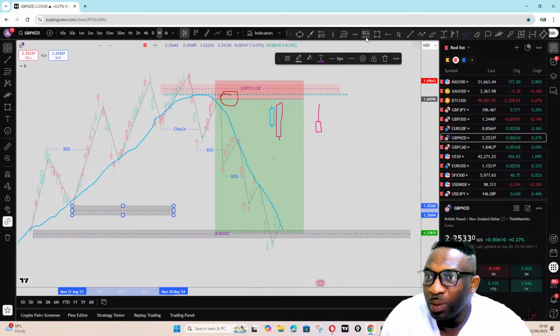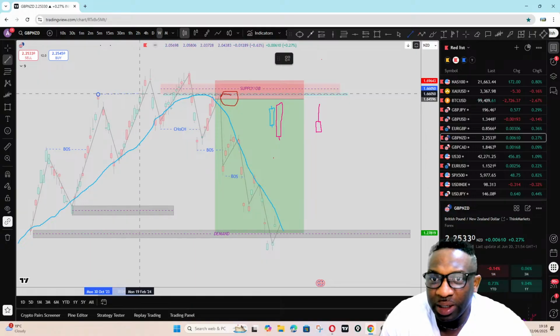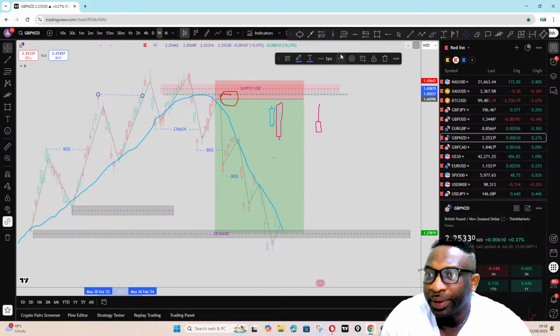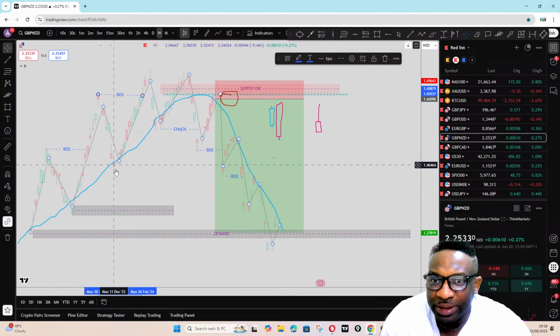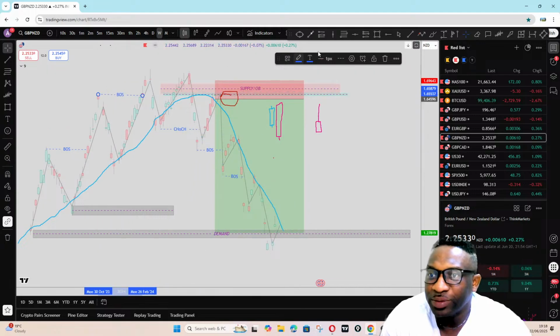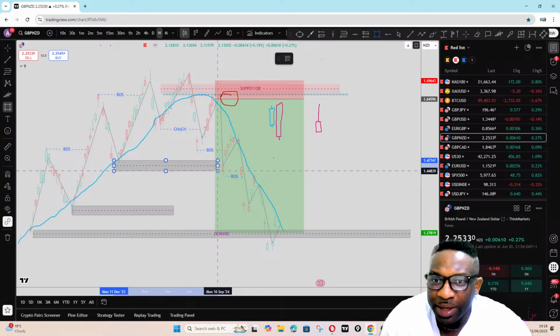We have another one here, another break of structure here, another break of structure here. So the origin now is from here. So you also mark your origin.